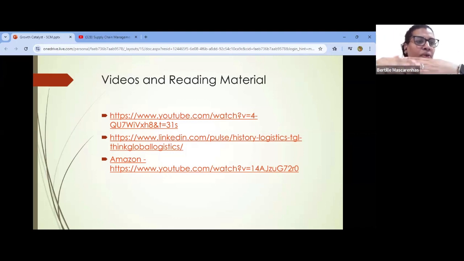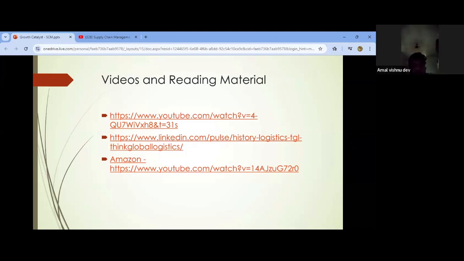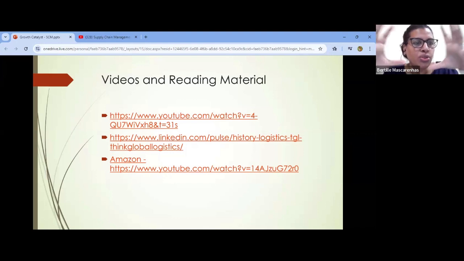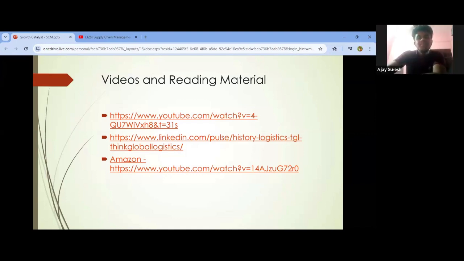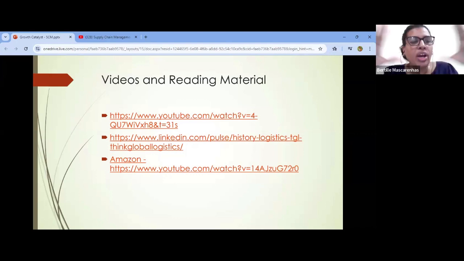What all have you done now? To produce this 150,000 books, what is your supply chain process? What have you done? Ajay, what have you done? How have you managed this supply chain process of producing these 150,000 notebooks?